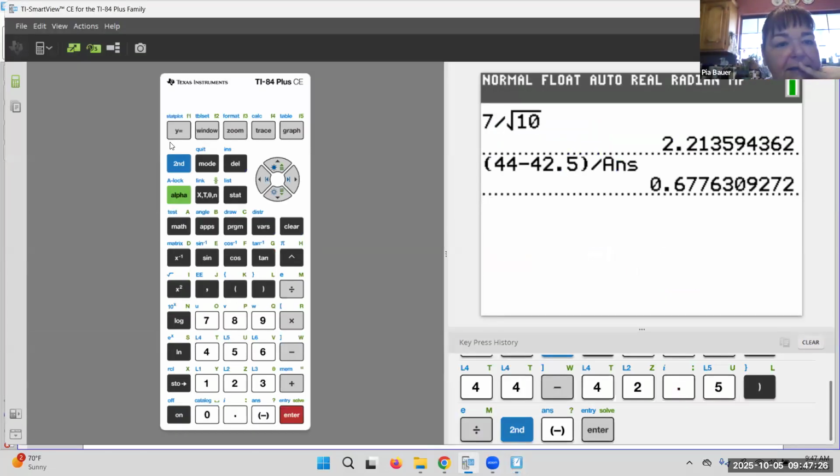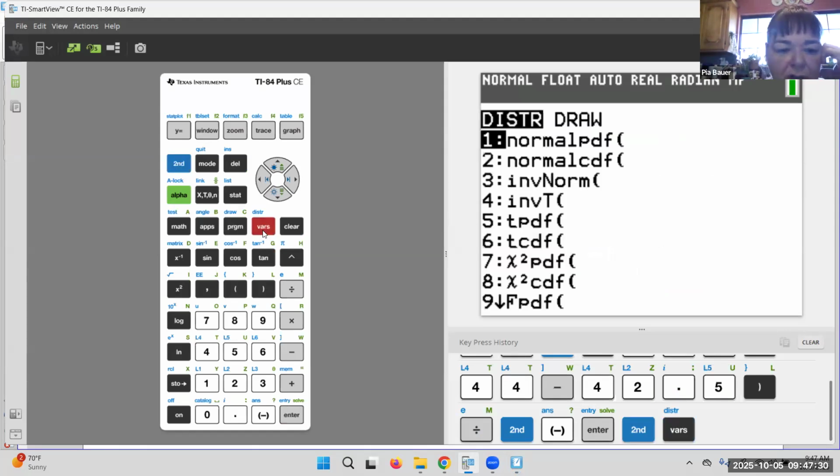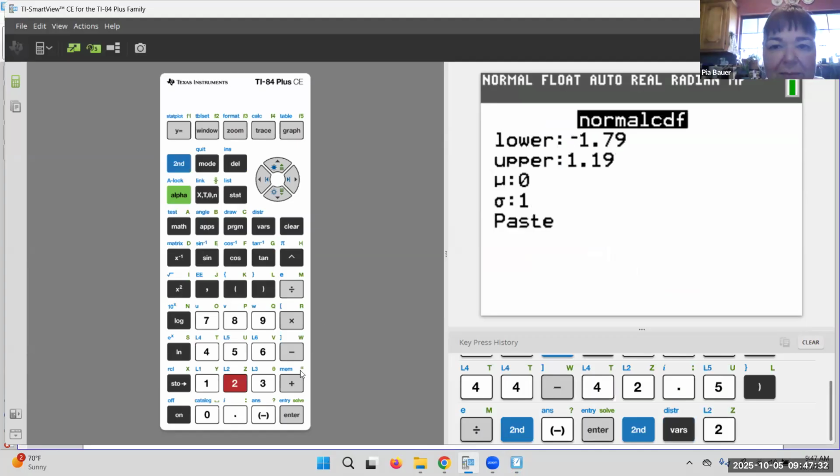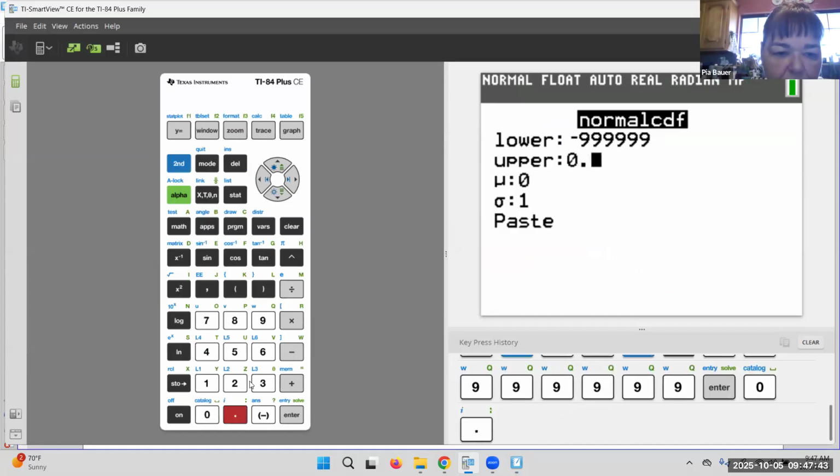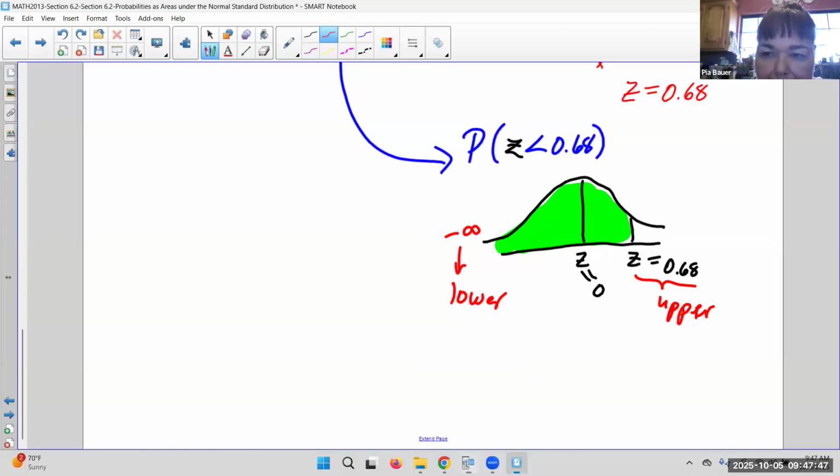So I have second vars, option 2, and my lower limit is negative infinity. So I put a negative and at least 6 nines. Then my upper limit is the Z-score that we found, and that was 0.68 when I rounded it up.